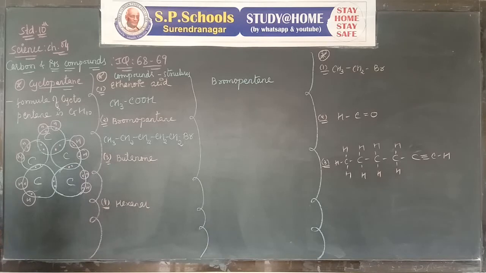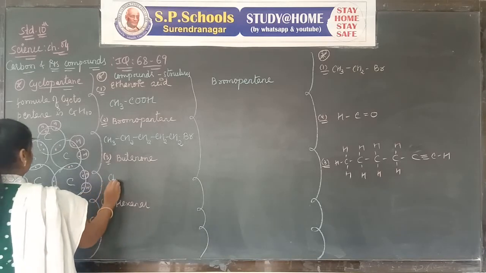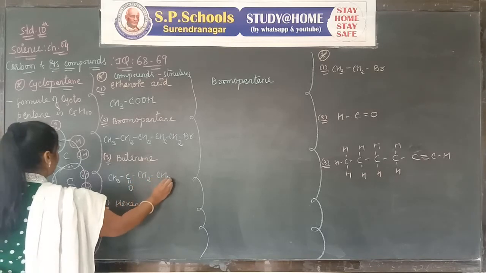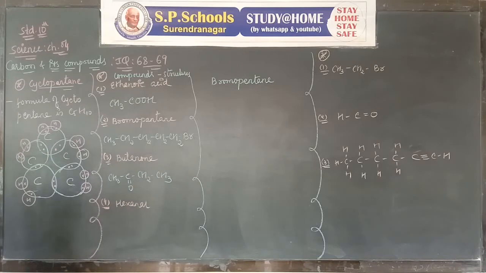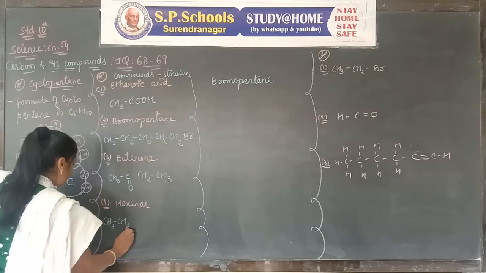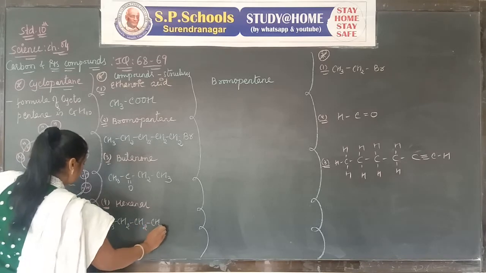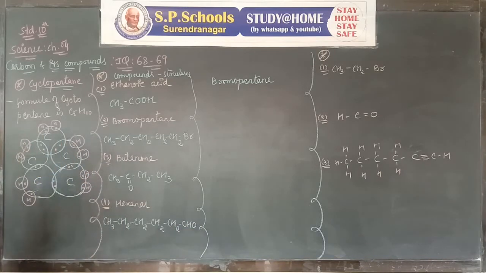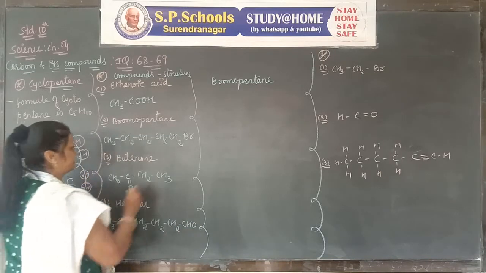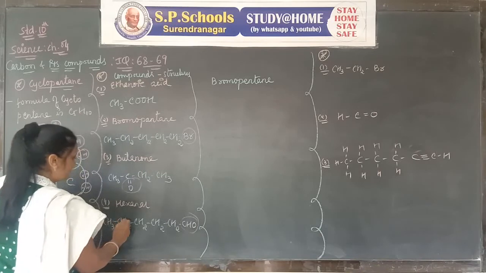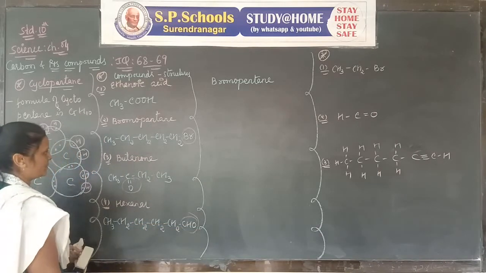Butanone, butane plus anone: CH3, C double bond O, CH2, CH3. Hexanal, hexane plus anal: CH3, CH2, CH2, CH2, CH2, CHO. Aldehyde group will be present here, Br here, ketone here, and here aldehyde. 6 carbons will be present.